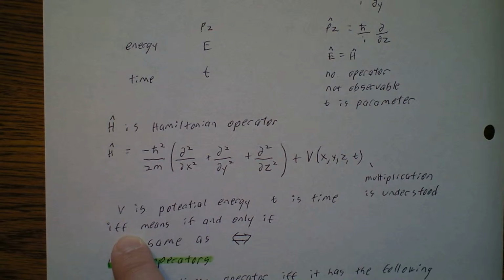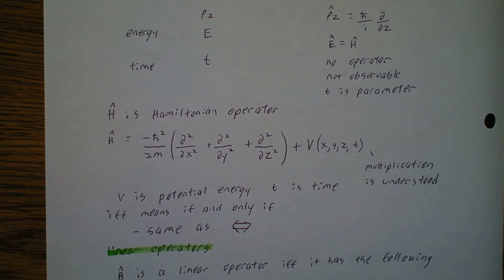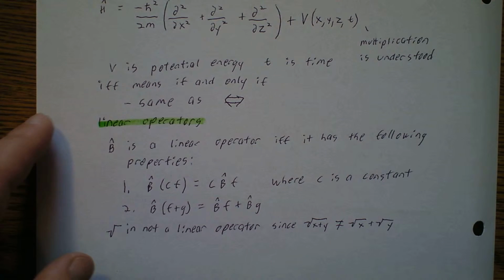So remember, we abbreviate iff means if and only if. It's the same symbol as going left and right. So if something is true one way and the other, we say if and only if. So let's talk about linear operators.